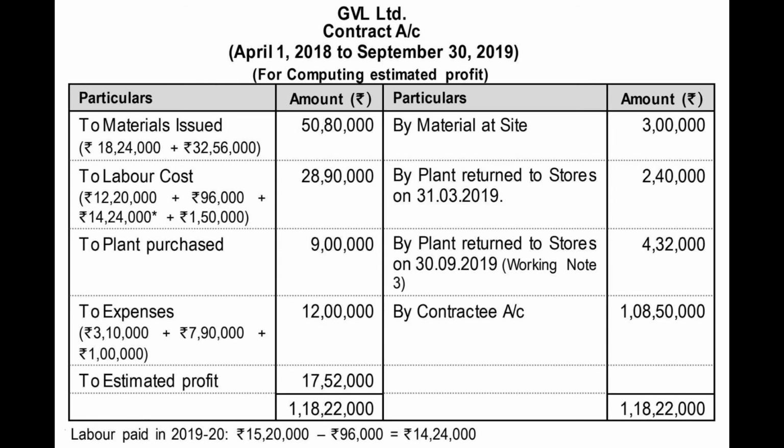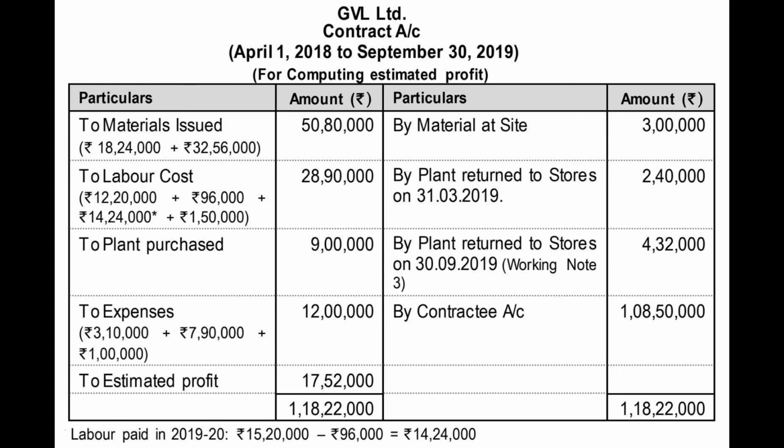3, plant purchased. As it is, you have to write, already we have discussed 9 lakhs. Then the total expenditure given, total expenditure is 4 lakh. Prepaid expenditure is 90,000. So 4 lakh minus 90,000 is rupees 3,10,000 plus 7 lakh plus 90,000. Why 4 lakh minus 90,000?